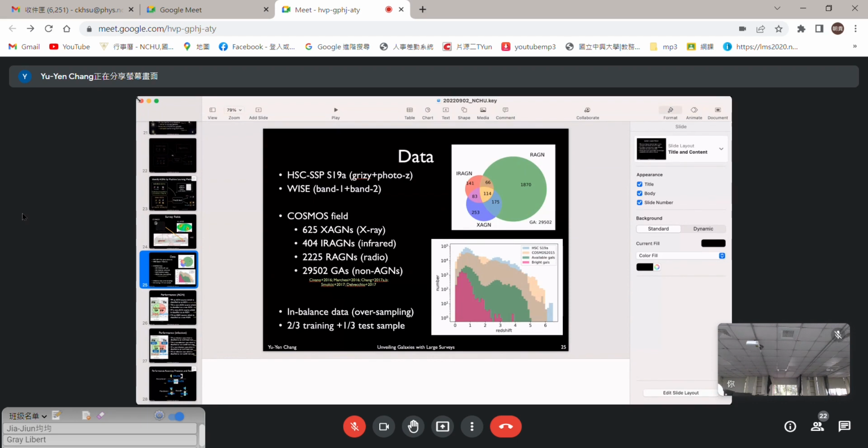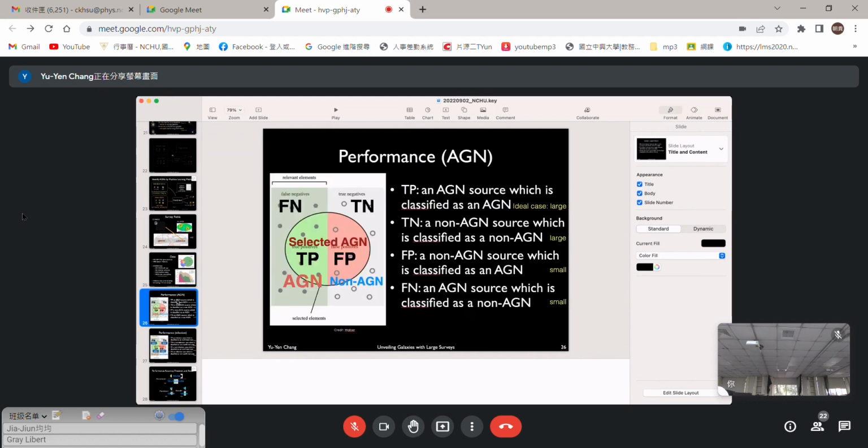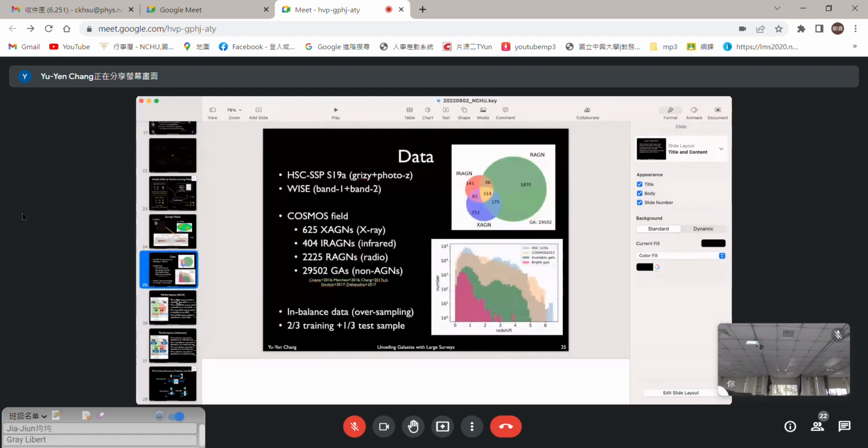So I was wondering how you define the true positive, false negative and true negative. These are related to how you define AGNs here.